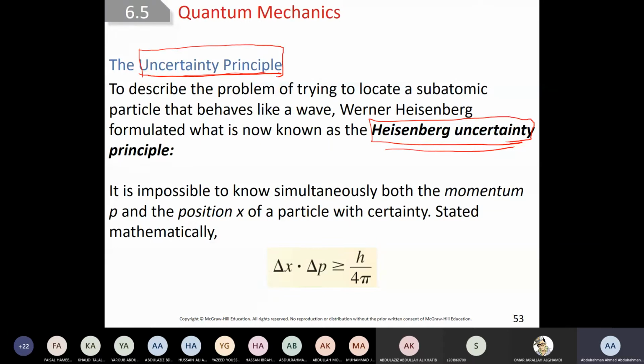That the error in x, which is distance, times the error of momentum. What's p, momentum? The momentum equals what? mass times u. That's momentum, this is mass, and this is speed.